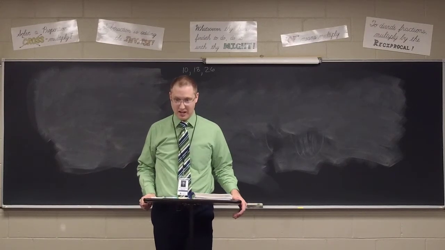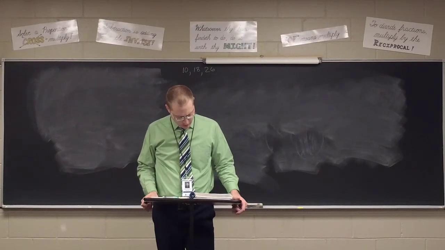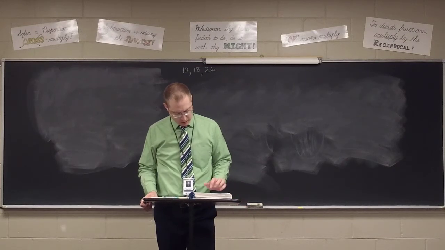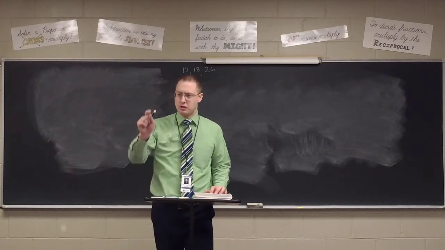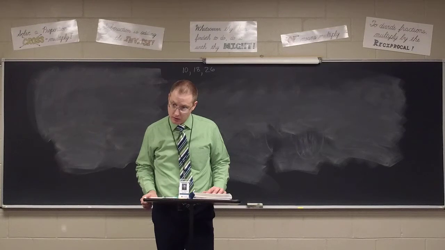And then number 26. What did you get for your answer, Noah? X negative 1 over 2, and x cannot be 1, negative 1 or 0. Something's not right, but I'm not sure what you did. Gavin? What'd you get for your answer? X negative 1 over 2x.